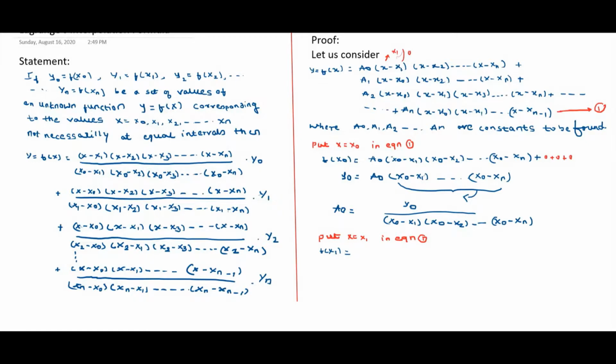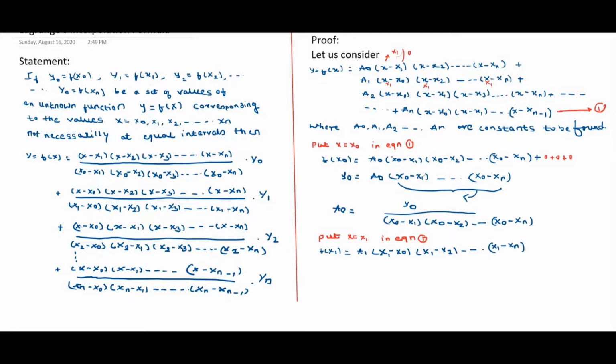Except the second term, in the second term you can put x is equal to x1, so that you will get x1 minus x0, x1 minus x2, and so on to x1 minus xn. So I will write that as a1 into bracket x1 minus x0, x1 minus x2, continue in the same way, at last x1 minus xn.